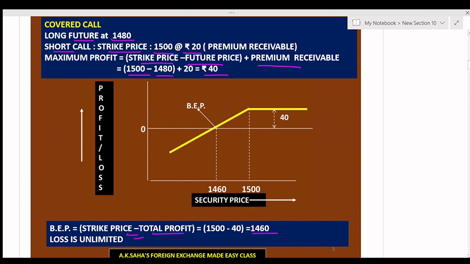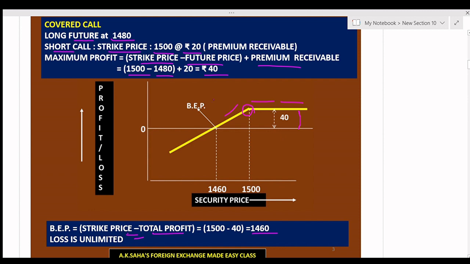You see from the diagram, when the underlying price reaches the strike price, the direction will be upward or downward from this strike price. If the market moves upward, then the profit remains the same. That is, quantity wise it is 40, that is the strike price minus future price plus premium receivable.